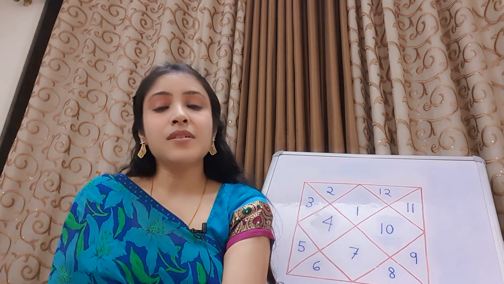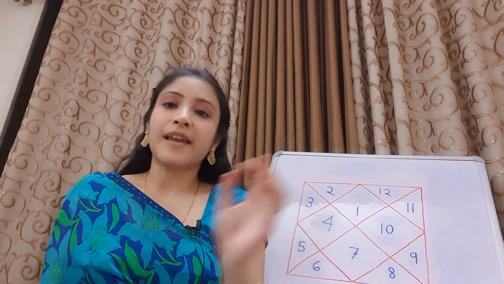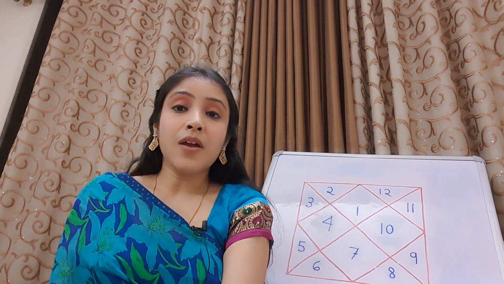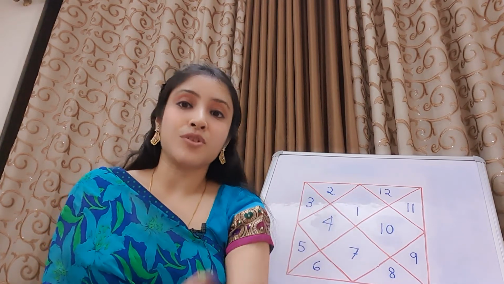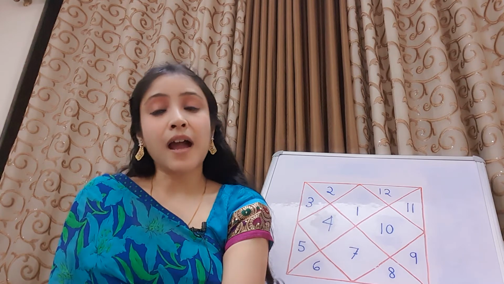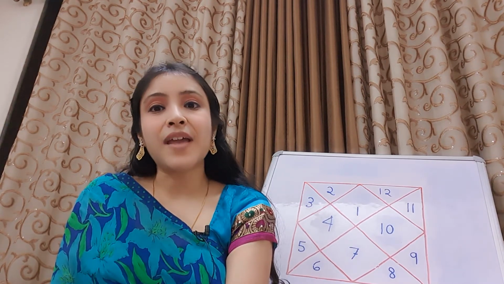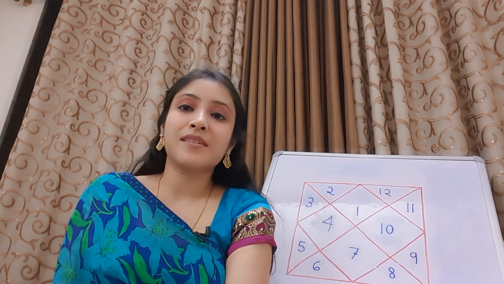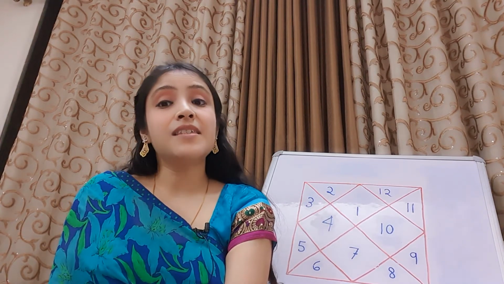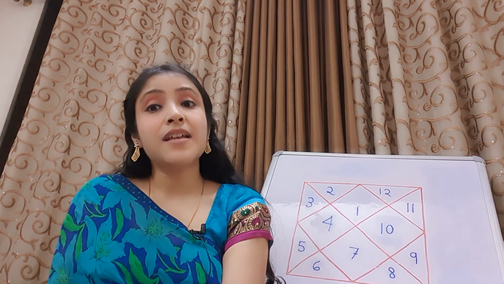So 8th house is that kind of house. Now, 8th house is also the house of transformation. In the Kalpurush Kundli, we have the sign Scorpio there, and that is why the 8th house is ruled by the planet Mars. And the significator of the 8th house is the planet Saturn.